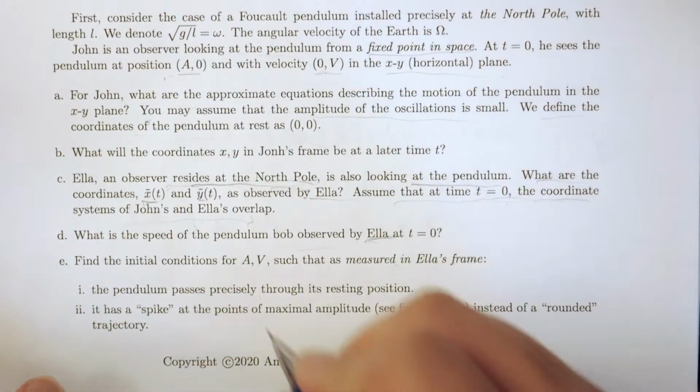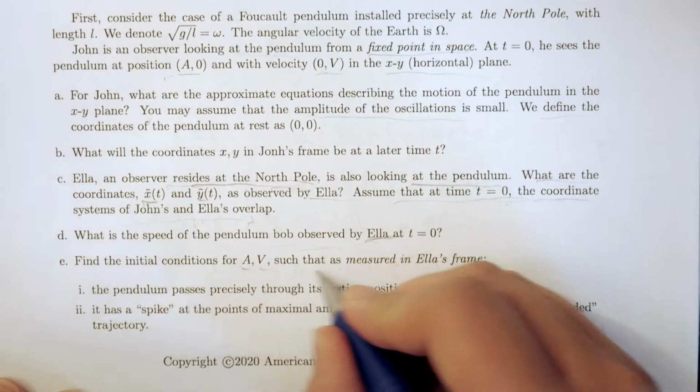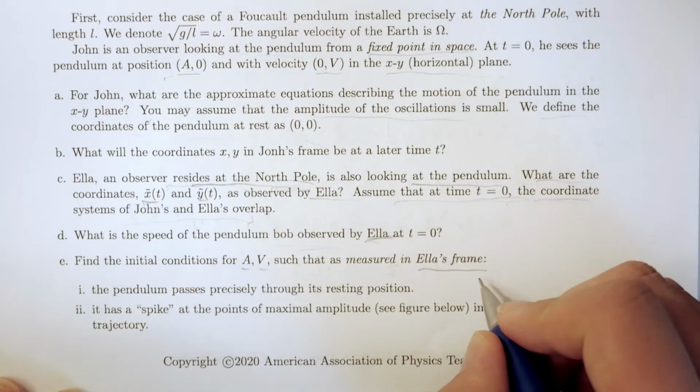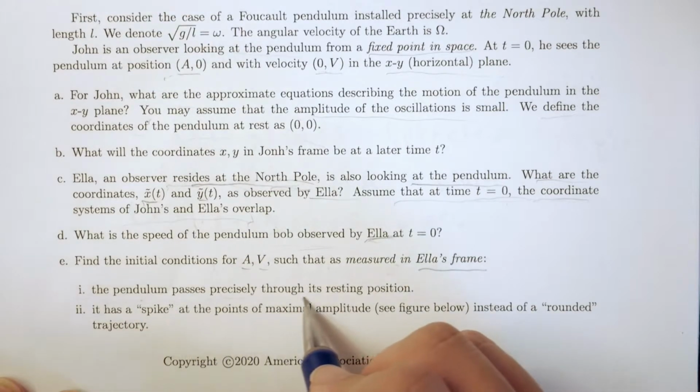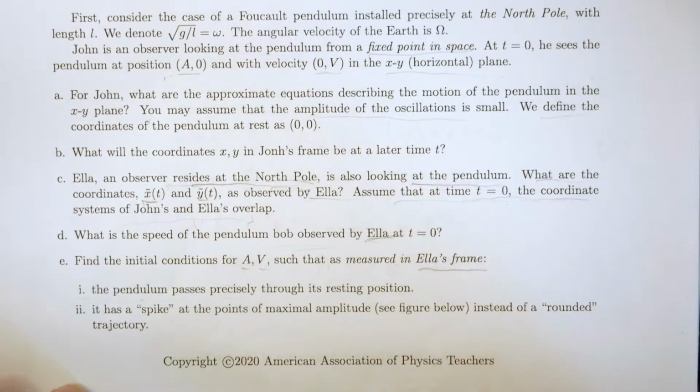Part E asks for the initial conditions A and V in Ella's frame, such that the pendulum passes precisely through its resting position. For this part, we simply note that the origin is common throughout both the rotating frame and the stationary frame.